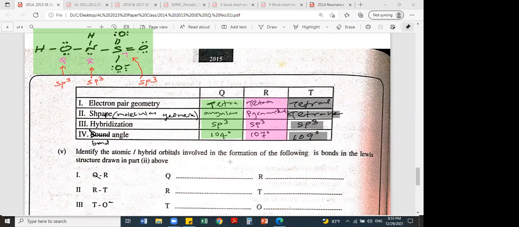Again they are asking what is the Q and R hybridization. This O minus you can take as a 2p unhybrid orbital.